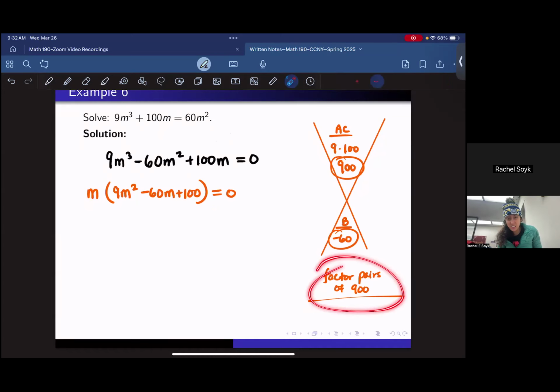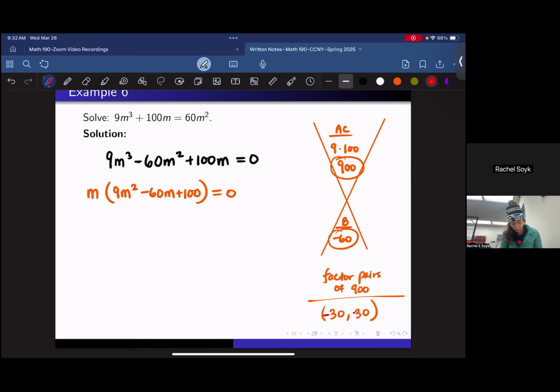So there are a decent number of factor pairs of 900, but the one that first pops into your head, because you think of factor pairs of 9, is 30 and 30, right? 30 times 30 gives you 900. And that actually happens to be the factor pair that we're looking at, especially when we're manipulating it with negatives.